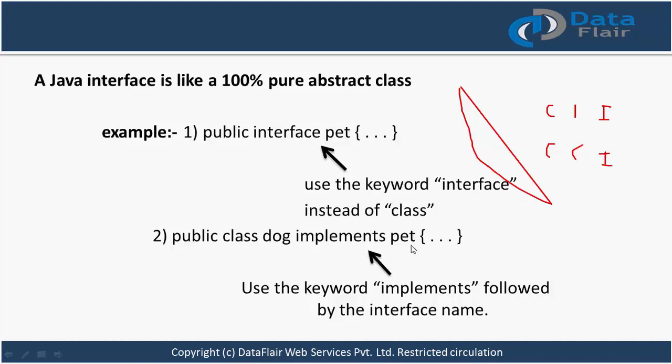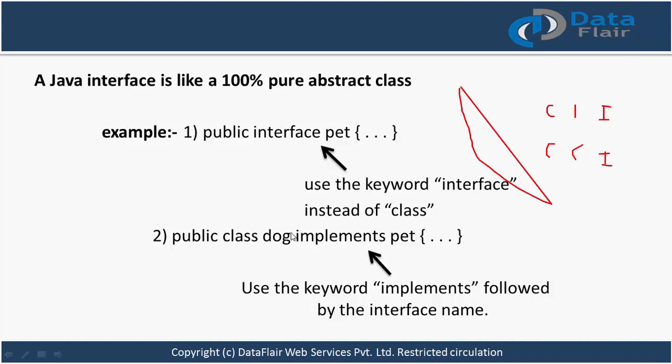But what if, let's say, in this pet you have 5 methods and all the methods are abstract, but in dog we were only successful in implementing 3 methods? So we failed to implement those 2 methods. What will happen to this class?